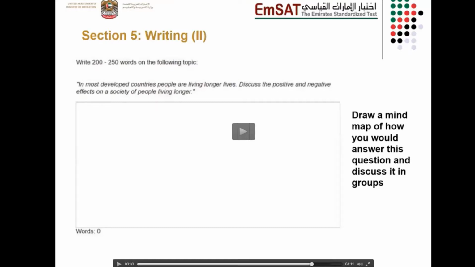For example, let's say the phenomenon is people living a longer time: give a description of the positive and negative effects, and then analyze these effects and give example details, and then give your opinion. What do you think, which is more advantageous than the other? Give your opinion in the third paragraph or whatever.